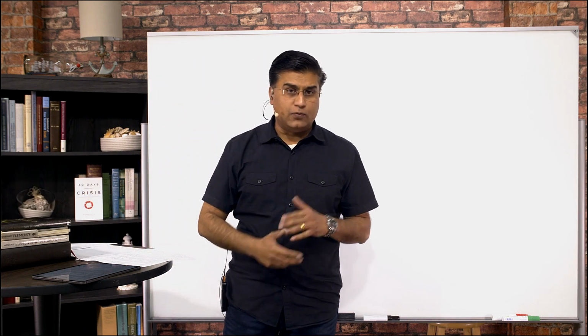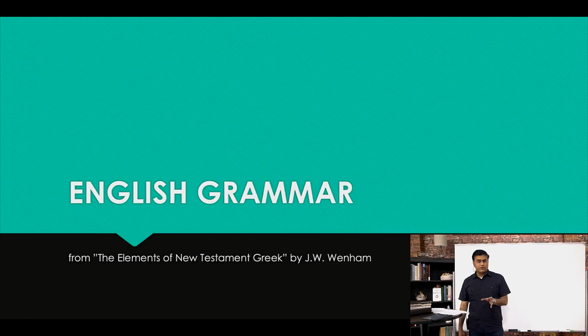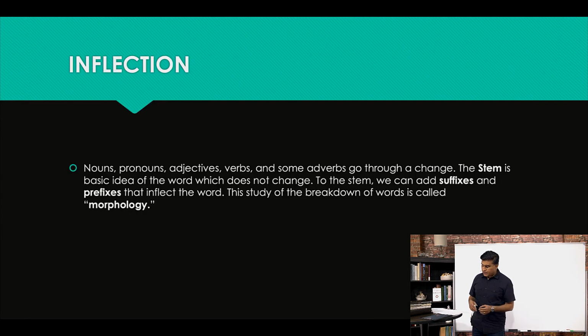Continuing from lesson 1, last time we stopped at inflection. Inflection with nouns, pronouns, adjectives, verbs, and some adverbs, they all go through a change. In a way, we call that morphology.